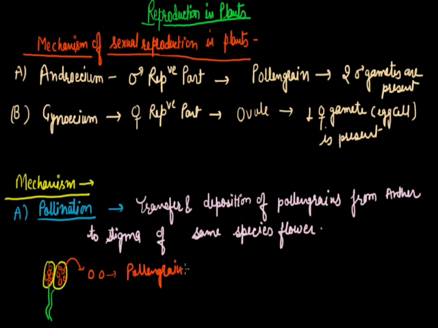Now for the movement of pollen grain, a physical or biological force is required. This is known as pollinating agents. These are the agents required to transfer pollen grain.